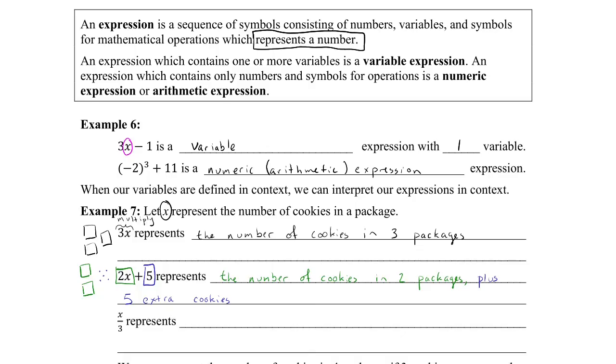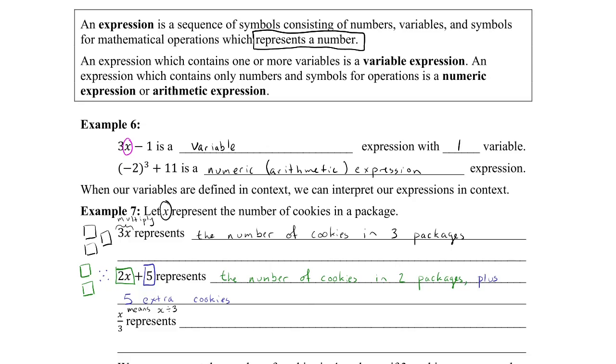Here's our next expression. This looks like a fraction, x thirds, but what we're usually thinking of when we see a fraction bar in algebra is division. So we're thinking of this as meaning x divided by 3. In algebra, we very rarely write division with a division sign.